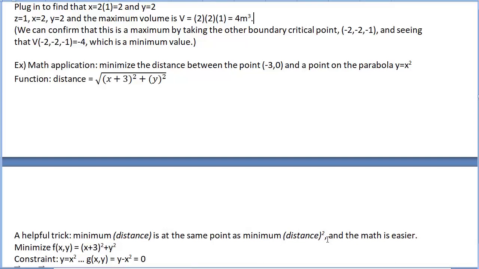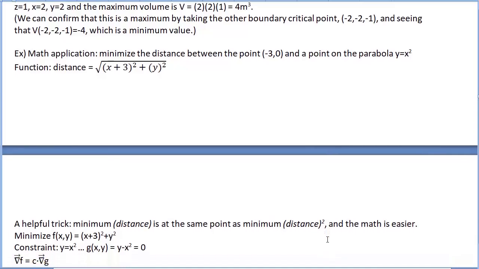And now that we've got the function we're trying to optimize, f, and the constraint g equals 0, as a level curve, we know that their gradients must be parallel. Therefore, the gradient of f equals some constant times the gradient of g. And now we can do our calculations.